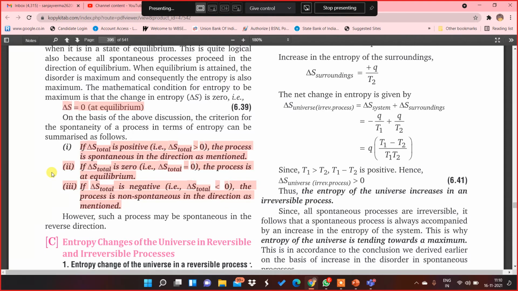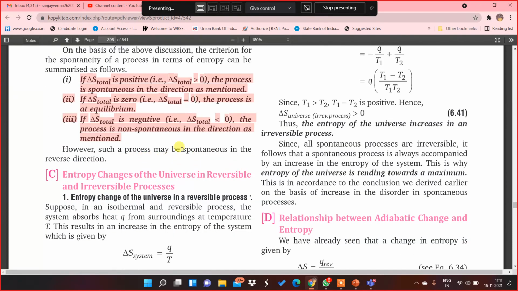However, such a process will be spontaneous in the reverse direction.